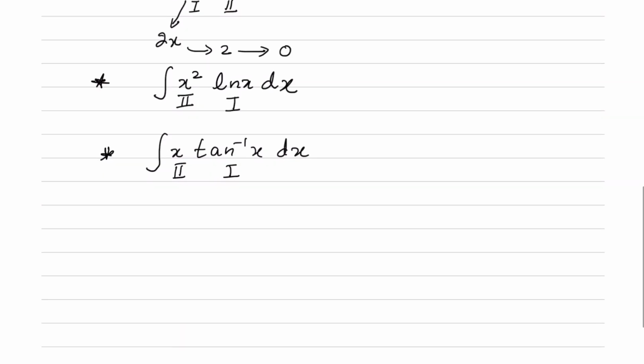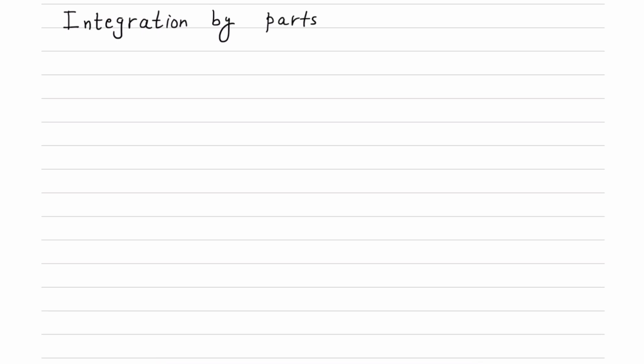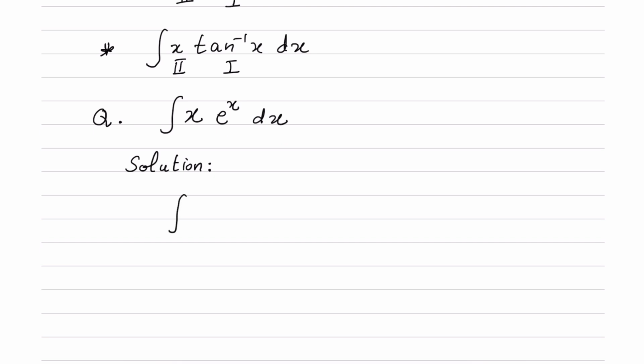Let's solve a question by integration by parts. We have to solve the integral of x multiplied by e power x dx. Since two functions are being multiplied and we have to find their integral, we will solve it by integration by parts. We have to call one of the functions the first function and another the second. We know the derivative of x and the integration of e power x.